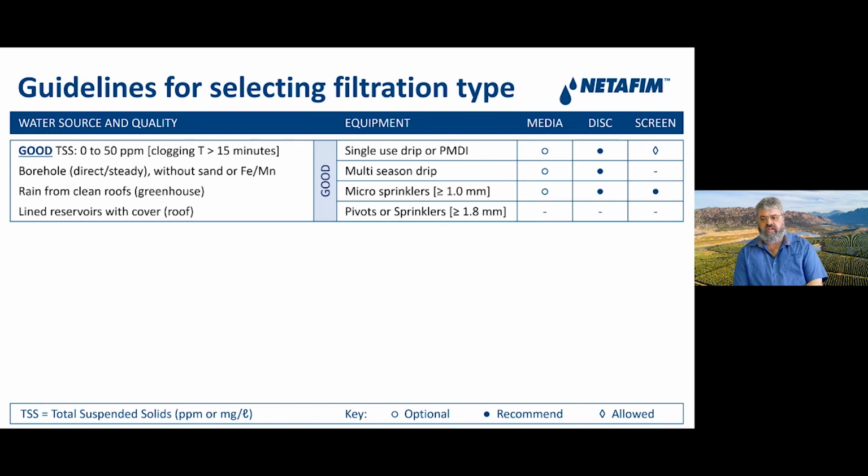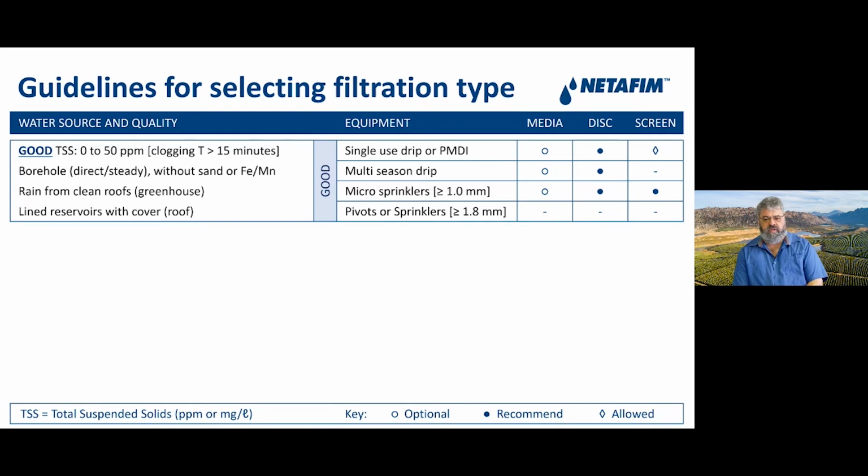So if we look at the single-use drip, for instance, we would recommend to go for the disc filter. The media filter is also an option to use. There's no reason not to use the media filter. And then in that case, we will allow to use a screen filter because we don't expect any problem with the water quality and the equipment that we want to protect.